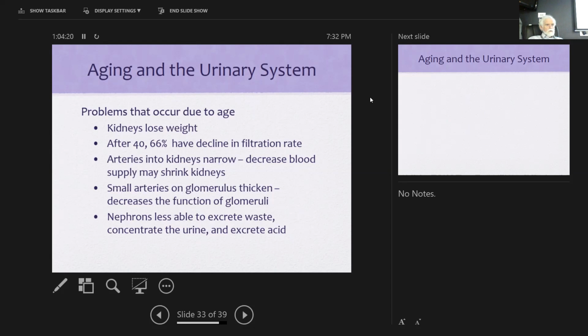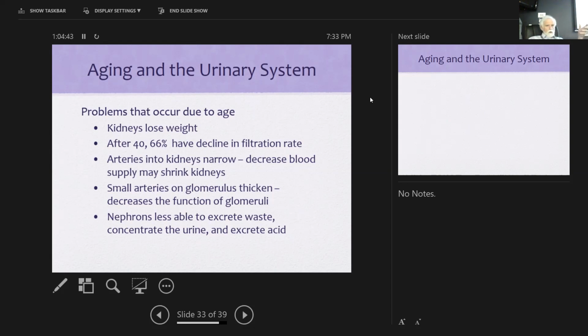And as a result, changes occur. Biochemical and physical changes occur. Some of those include the urinary system and the kidney. Kidneys shrink. We start seeing a decline in that filtration rate.